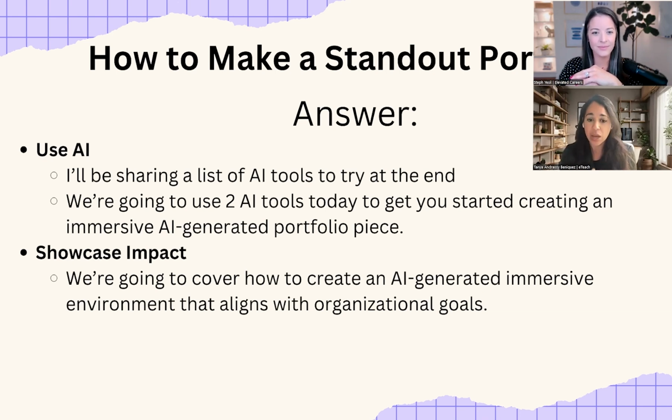So we're going to be using the 2 AI tools, Skybox AI and a little tool that you might have heard of before called ChatGPT. And we're going to cover how to showcase impact by using ChatGPT to help us come up with ideas of how to create a learning environment that actually aligns with an organization's specific goals. And we'll get more into that in just a second.